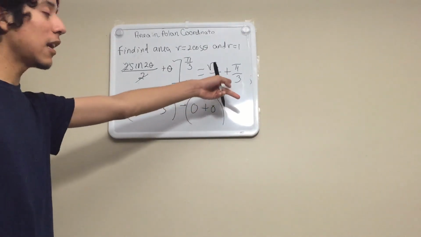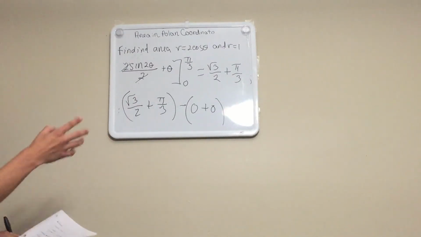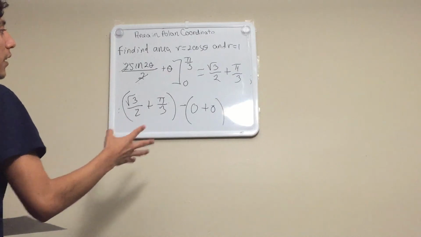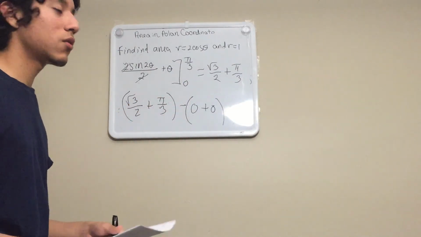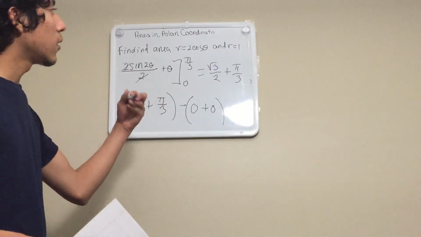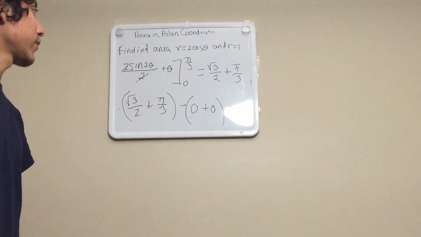So that's basically how we get there. This is how you find the area in polar coordinates, and finding that shows us the area that is within the curve.